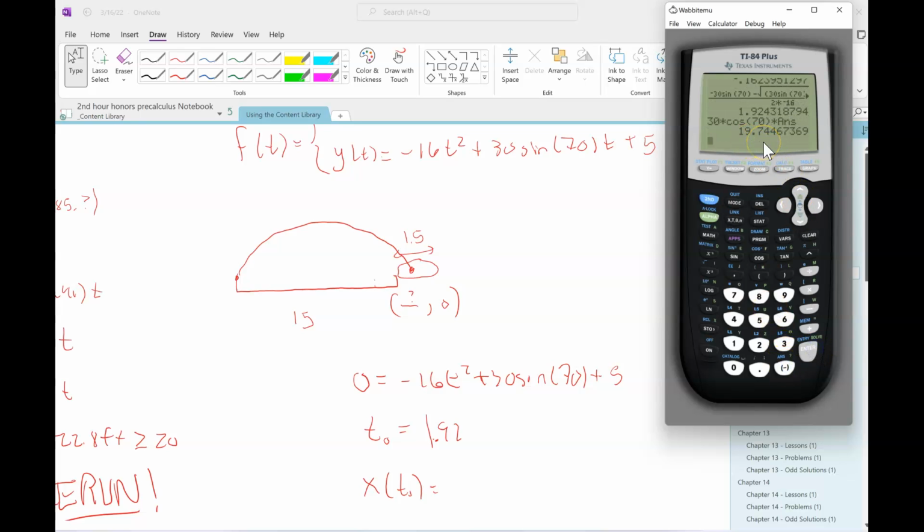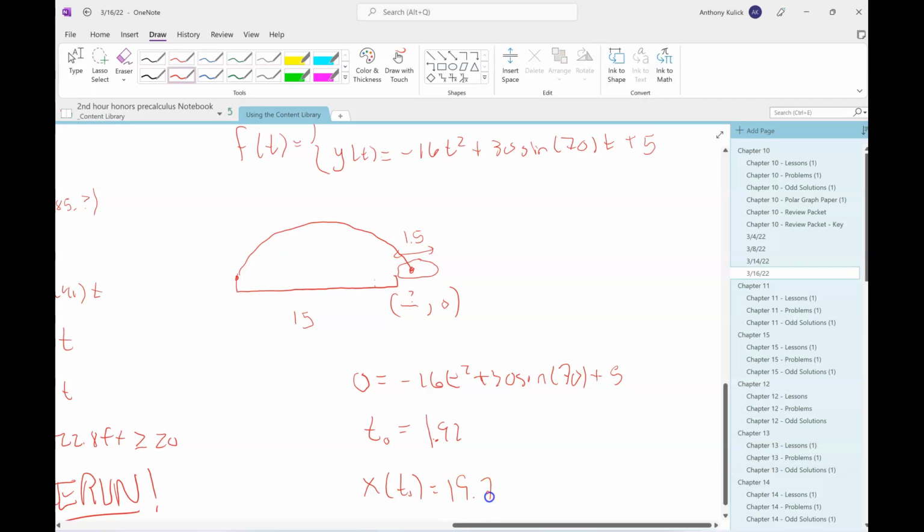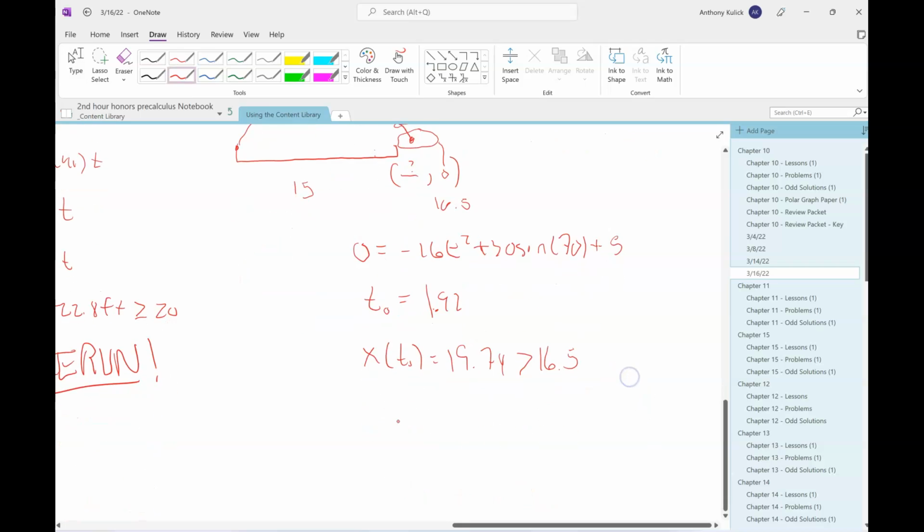And we land 19.74 feet away. And since that's greater than the end, which would be at like 16.5, you missed the target. Yeah, Hercules that. Way to go.